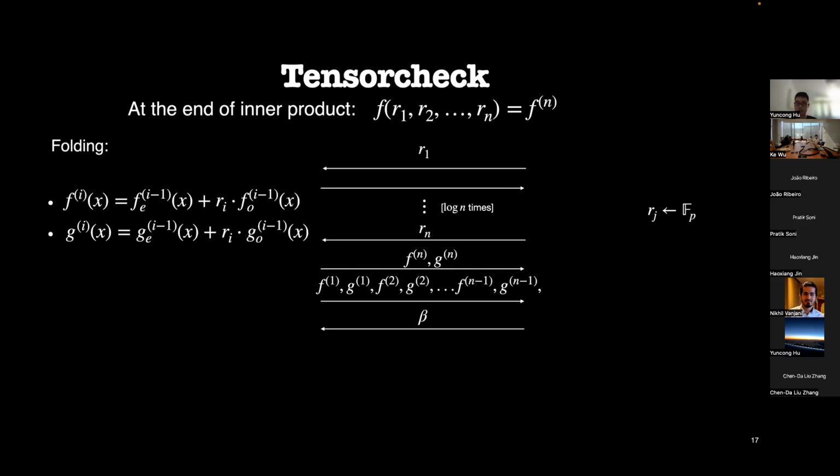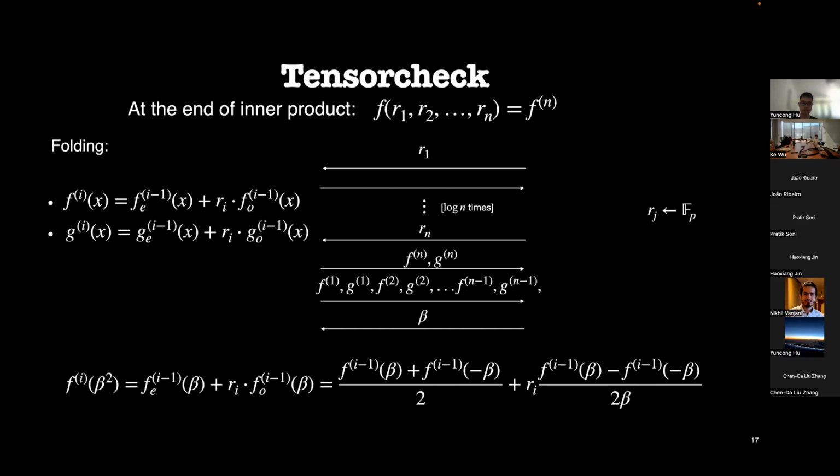The verifier will send the evaluation point beta back to the prover, and the prover will send the evaluation results. The verifier will check that each round f_i is folding correctly using the polynomial in the f_{i-1} round.